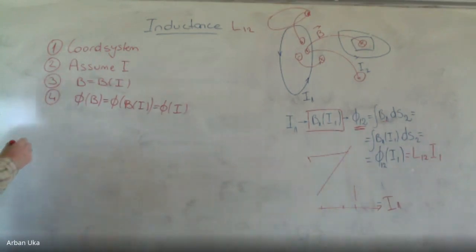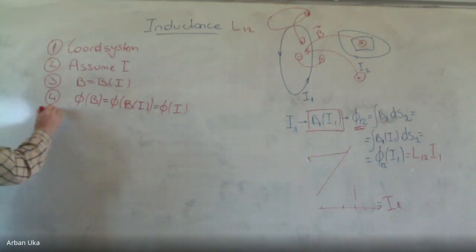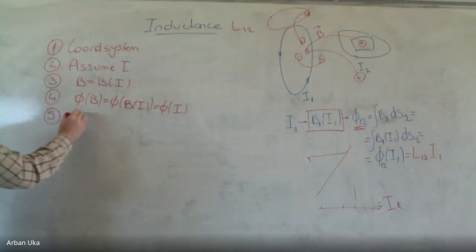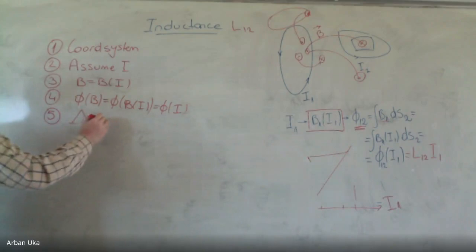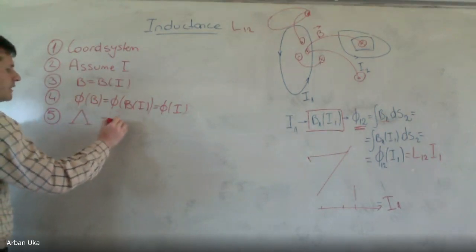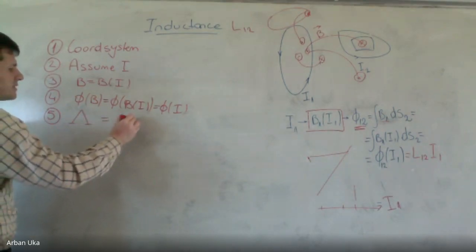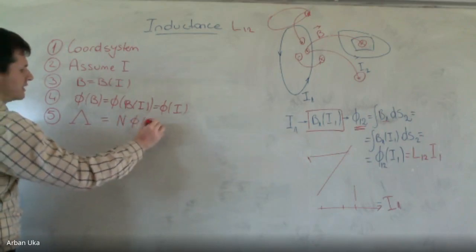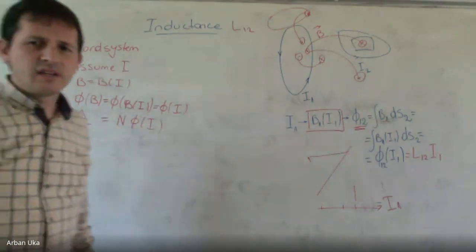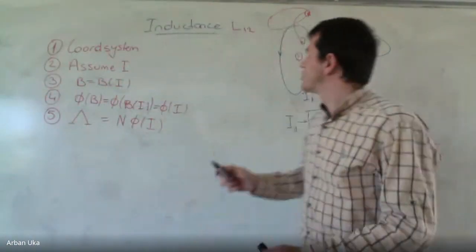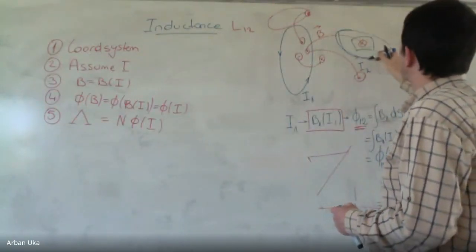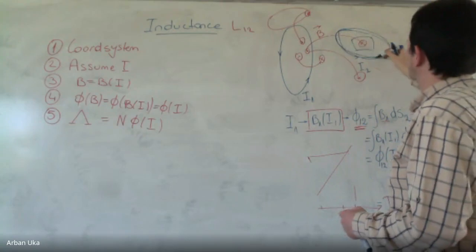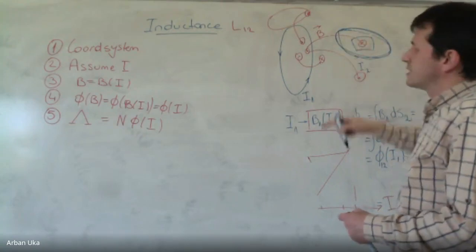After we do this, we have to calculate a quantity which is called the flux linkage. We use this notation in our textbook, and many textbooks use this. And this is going to be equal to N times the flux, which is a function of I. This N is the number of loops. If this circuit here is composed of several loops, the effective flux that is affecting the whole system is multiplied N times.